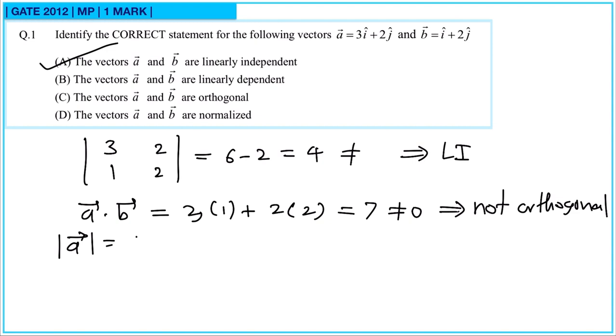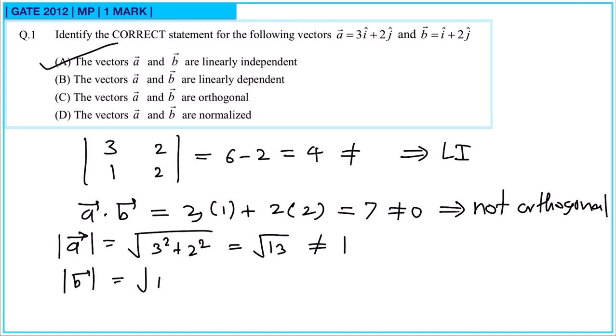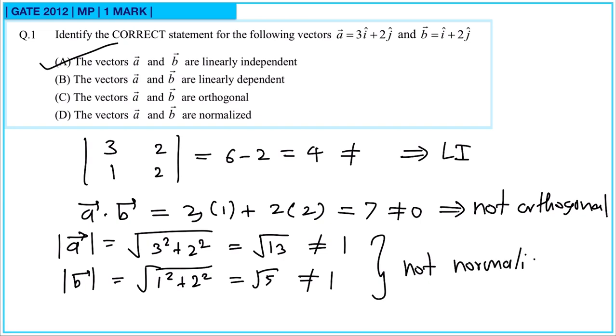Magnitude of A bar is under root A bar dot A bar. So that will be 3 square plus 2 square, that is 9 plus 4, so under root 13, which is not equal to 1. And magnitude of B bar is under root 1 square plus 2 square, that is under root 5, which is also not equal to 1. So these are not normalized. So option A is correct.